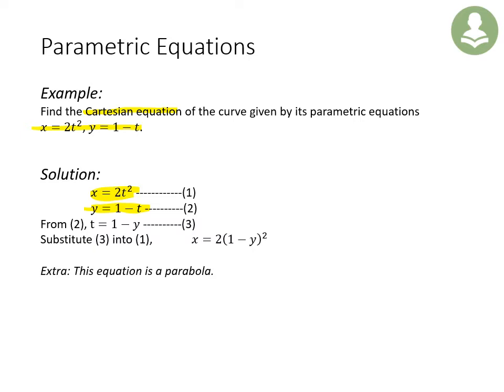We do a substitution. We make t the subject and substitute it into equation 1, and that's how we obtain an equation expressed in terms of x and y only, and we call this the Cartesian form. If we look at this equation carefully, we'll notice that this is actually a parabola.